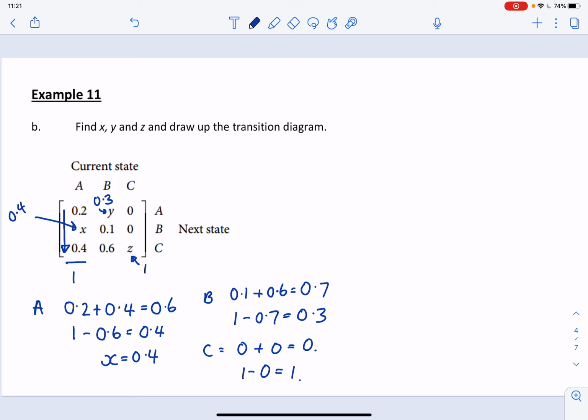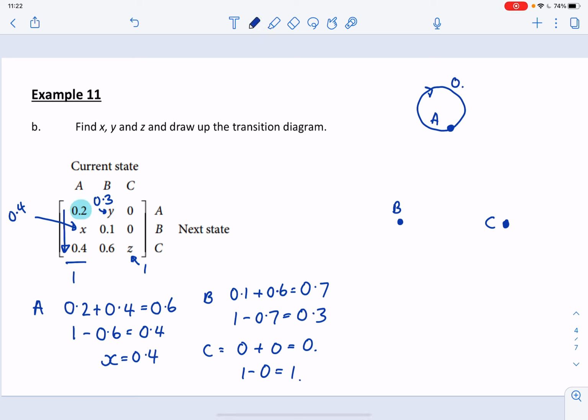The second step, or the second part of this question, says draw up the transition diagram. So I start with my 3 points, A, B, and C. Now to get from A to A, I do my loop, make sure you put your arrow, and I label that according to my matrix, 0.2.